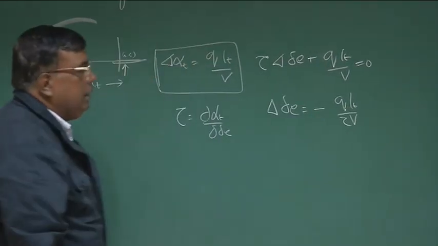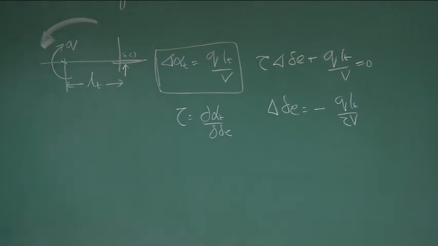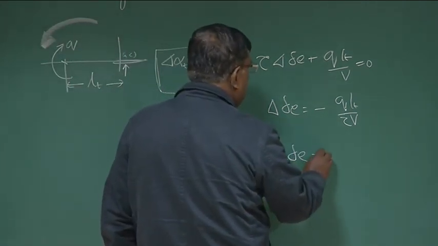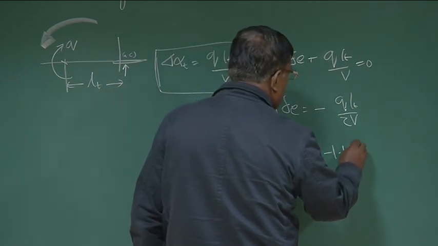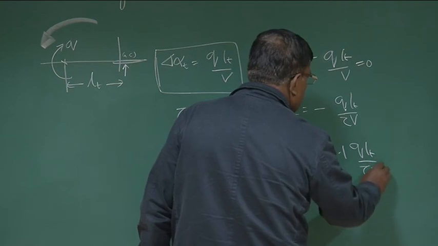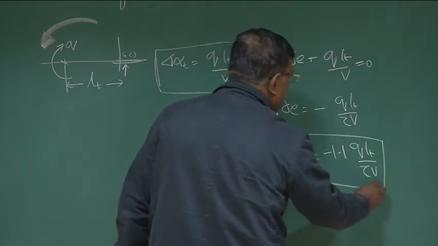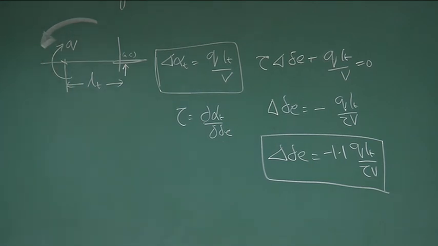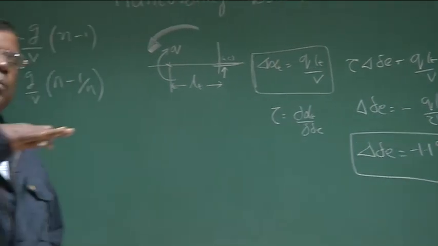And we also said that we need to take care of the fuselage portion ahead of the wing, and it's not a bad approximation if I just add 10% to whatever delta E I'm getting through this approximation. So this is basically the delta E required to go for the maneuver. Please remember, it is in addition to whatever delta E was given for trimming the airplane for a cruise.